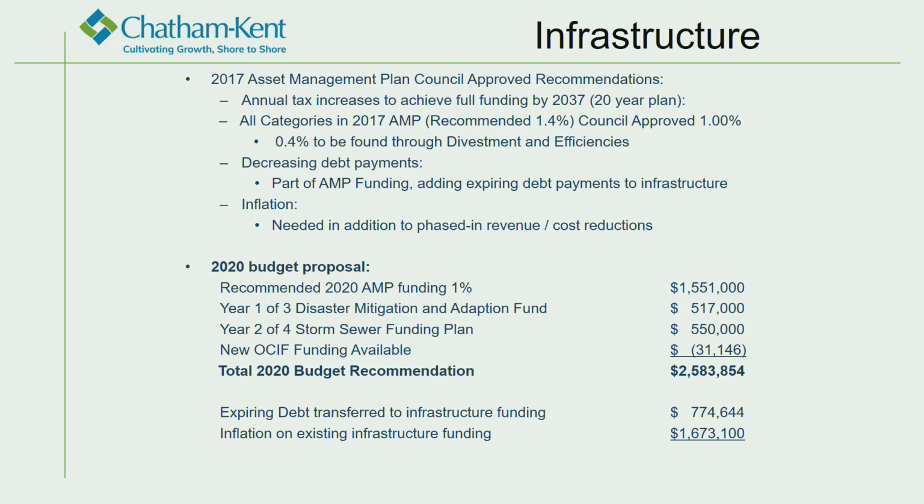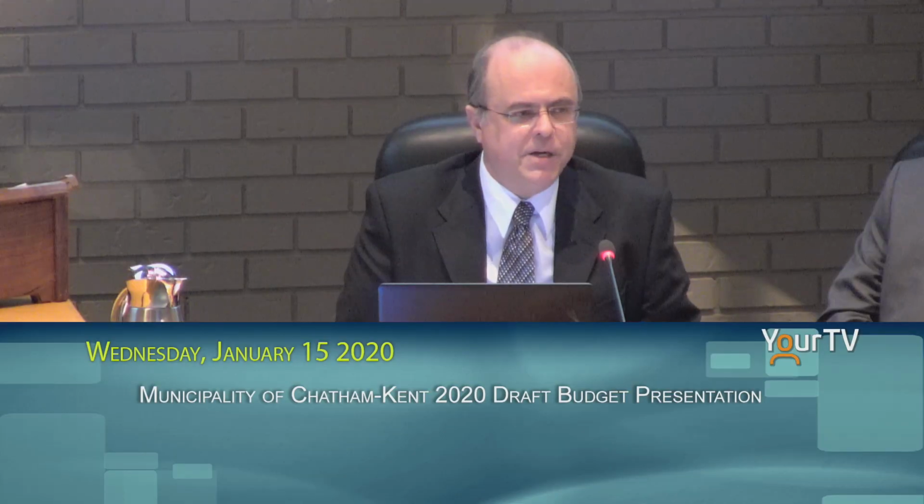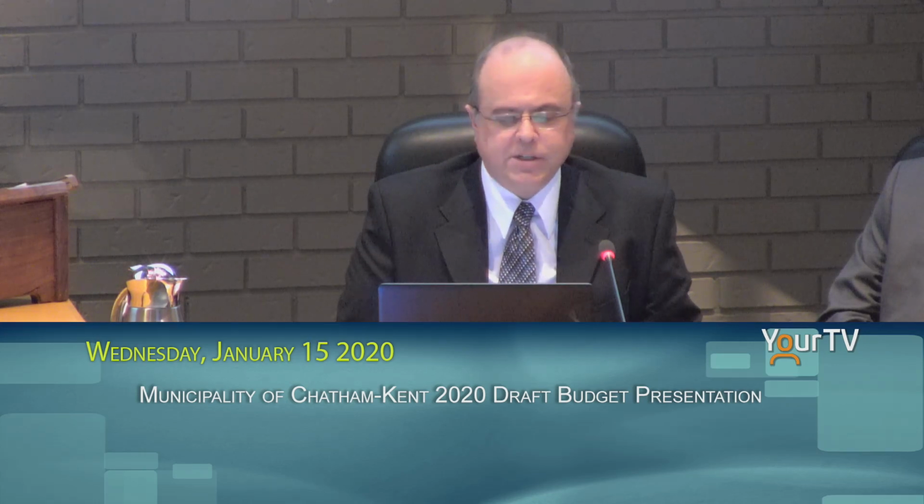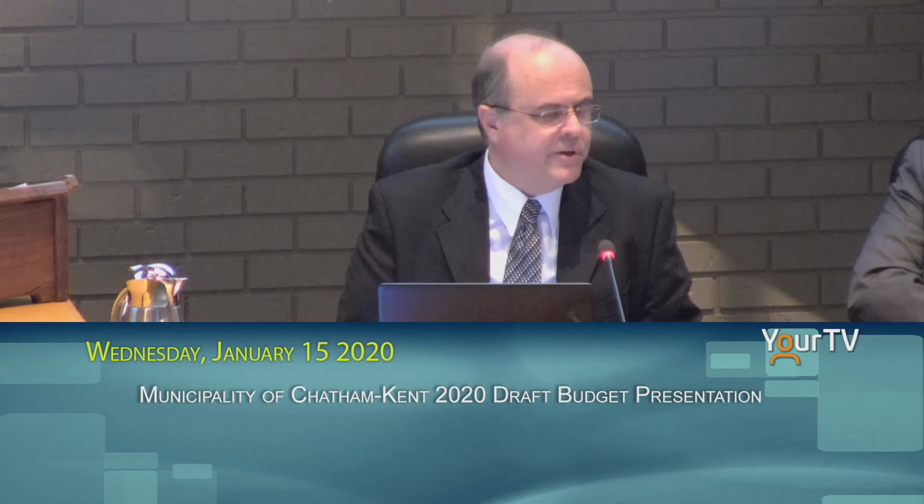So we have infrastructure recommendations of $2,583,854 of new funding. On top of that, we have $775,000 available from one of the large debts that dropped off last year. So that will give a boost to infrastructure. And we do need to pay for inflation on infrastructure as well, of $1,673,000. So the grand total in this budget is an increase to infrastructure funding dollars of well over $5 million.